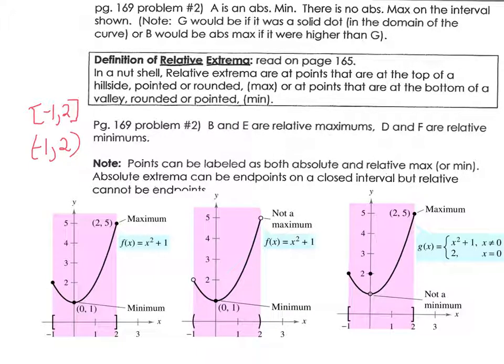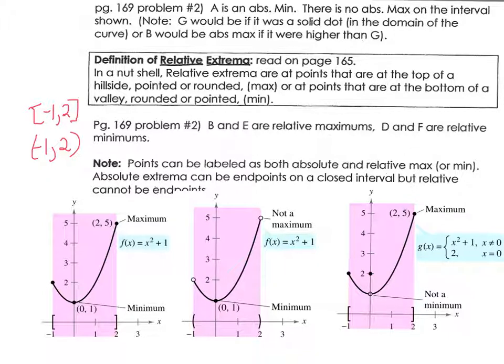Now let's take a look at another example of a different function that looks really similar, but it's changed a little bit. The function is not continuous on the interval -1 to 2. This function has a point of discontinuity at x equals 0.